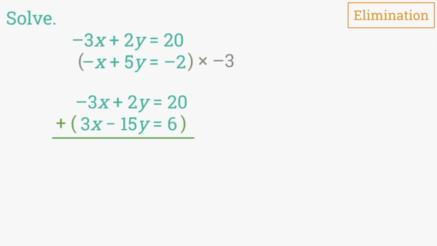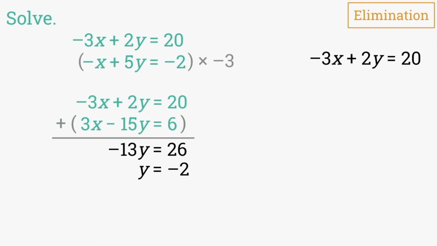Multiplying the equation negative x plus 5y equals negative 2 by negative 3, we get 3x minus 15y equals 6. Now we'll add the two equations together. Negative 3x plus 3x is 0. 2y plus negative 15y is negative 13y. And 20 plus 6 is 26. So negative 13y equals 26. Solving for y, we see that y equals negative 2. Now we'll substitute negative 2 for y in either equation to solve for x.